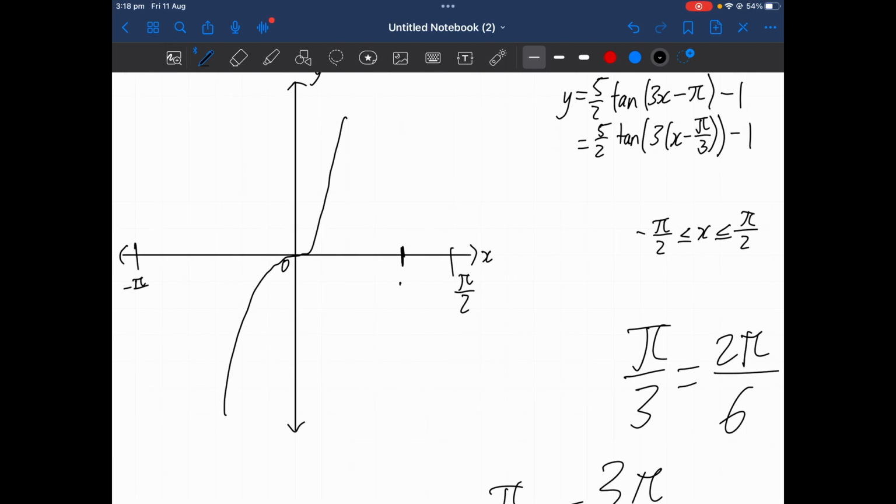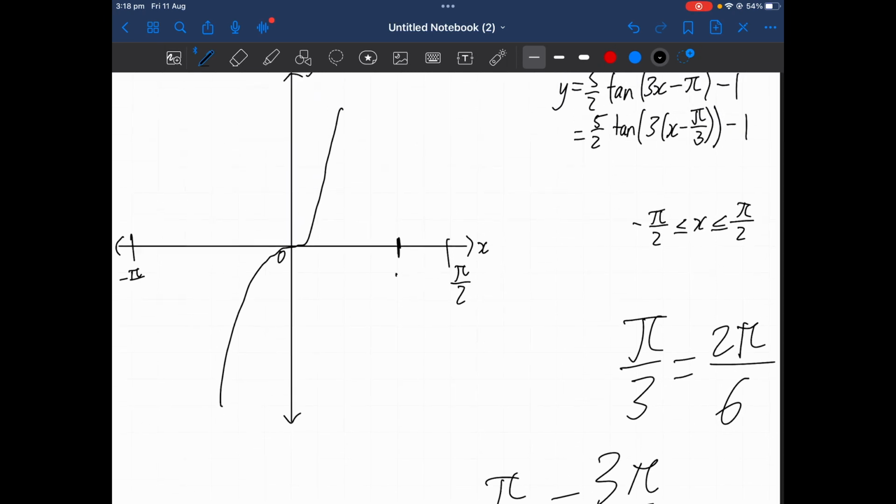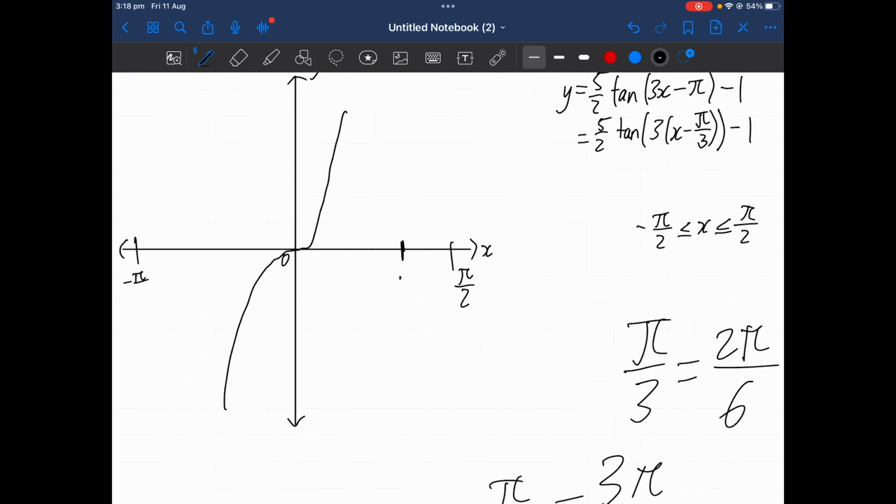And then finally, the period is going to be minus pi on 6 and pi on 6. So pi on 6 on either side, for a total of pi on 3. That's pi on 6 to the left, that's pi on 6 to the right. And so you can just draw this graph here, and it's going to go to the center here.